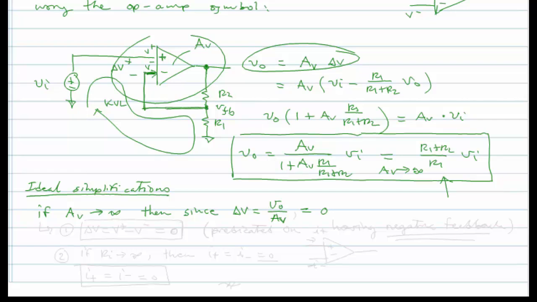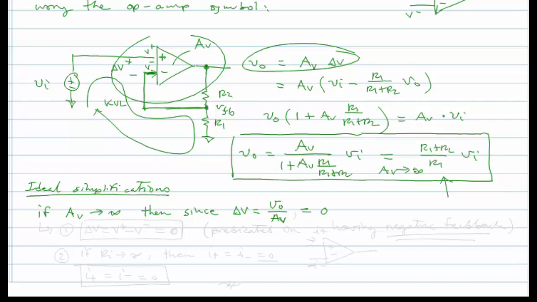That's not stated here. We can leave that aside for a moment, but when you actually go design a circuit, you do have to consider the fact that your op amp just can't produce any arbitrary output voltage swing. It is limited by the power supply rails that are powering it. So, back to our ideal simplifications.